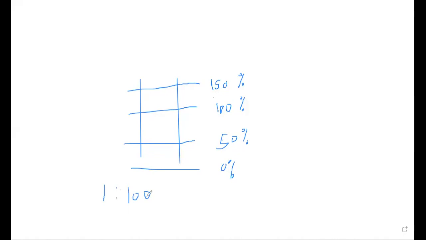Which means if I have 1,000 USD on my account, they should only keep about $100 aside. There is a way to calculate this margin.